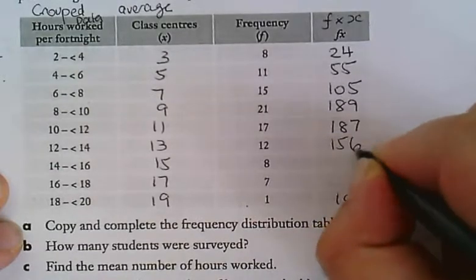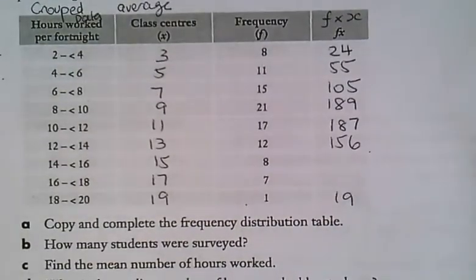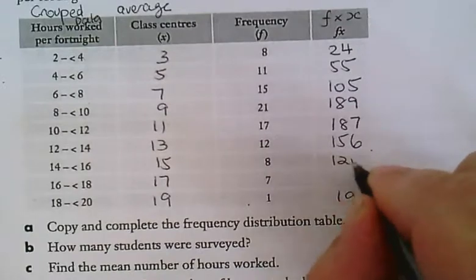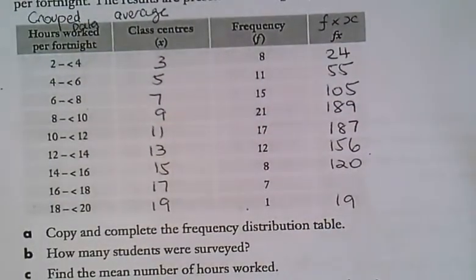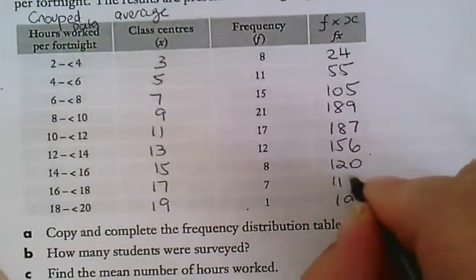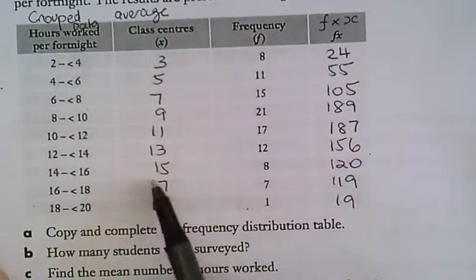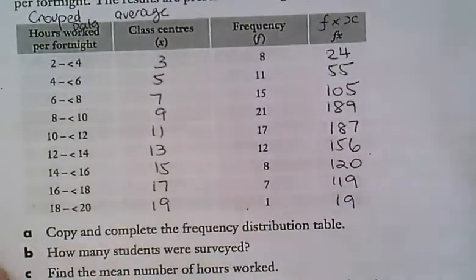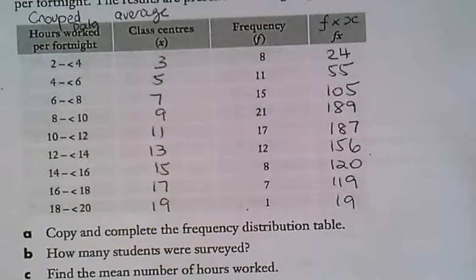Okay, 156. 120. 119. Well, you could do 17 times 7: 10 times 7 is 70, and 7 times 7 is 49. 70 and 49 is 119.